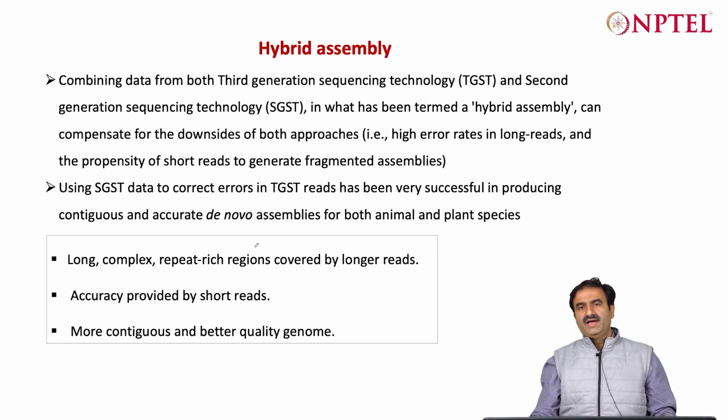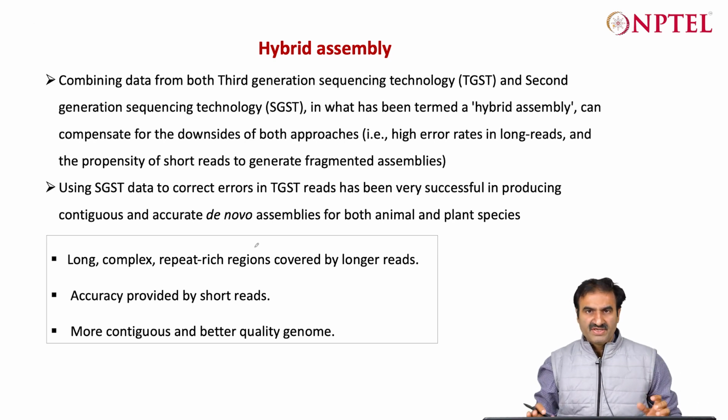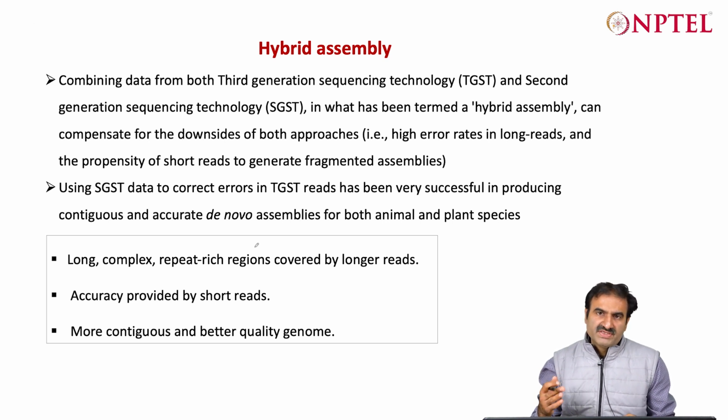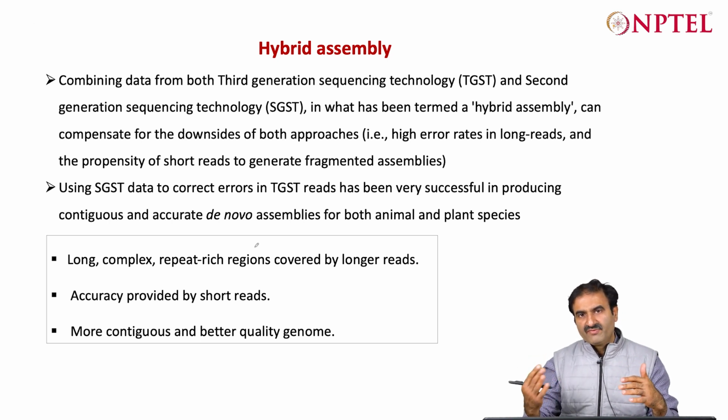Okay, so basically in the hybrid assembly we will be using information from both second and third generation sequencing technologies. So either using the third generation to support the second generation sequencing technology assembly, TGST or SGST that we are calling here, short for second generation sequencing technology and third generation sequencing technology, and then basically using either of those as the template and using the data from the other technology to correct it or to make it more contiguous, right?